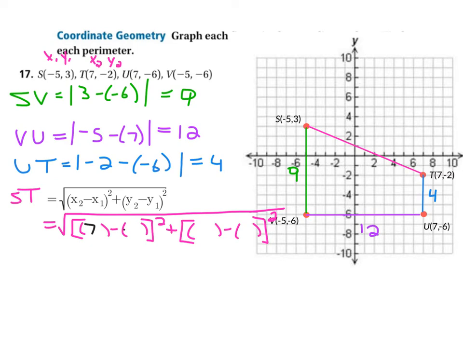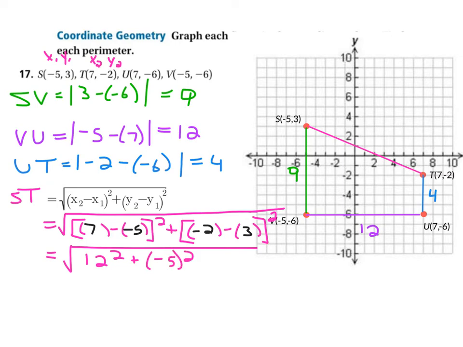What is x1? Negative 5. What is y2? Negative 2. Minus y1, 3. And we got 7 minus negative 5 is 12, so we've got 12 squared plus negative 2 minus 3 is negative 5, so it's negative 5 squared.